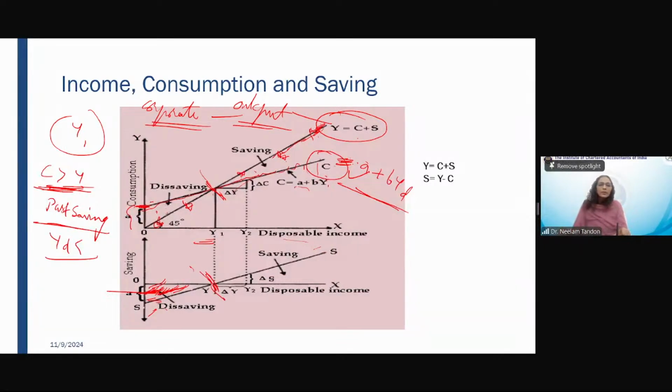Now what happens at y dash, at this point? Income is equal to consumption. Income is equal to, or output is equal to consumption. So here at this point, consumption is equal to investments.